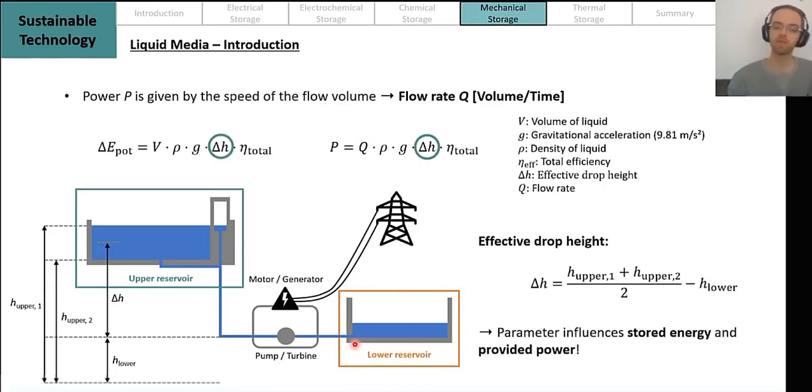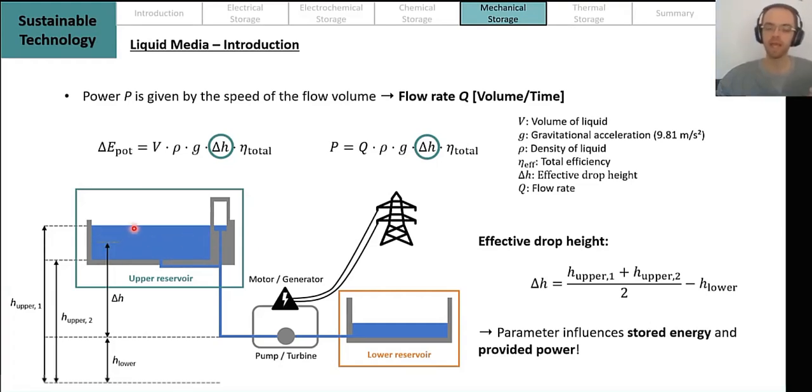Probably the most important term, being present in the overall storage as well as the power term, is delta H, so our effective drop height. Our effective drop height is basically defined as the upper level of the upper reservoir when it's totally filled, plus the lower level of the upper reservoir, divided by 2. So you will basically be at the average height of the upper reservoir.